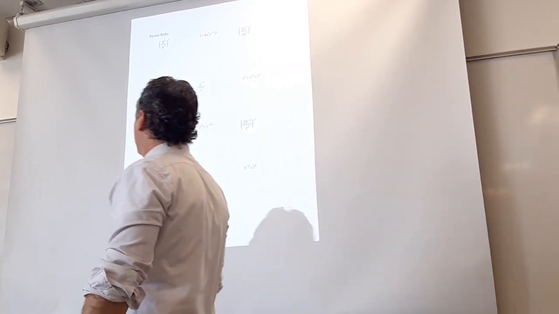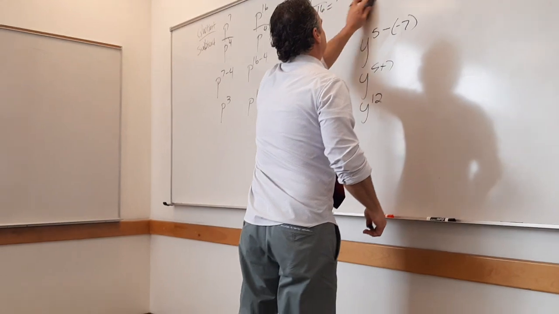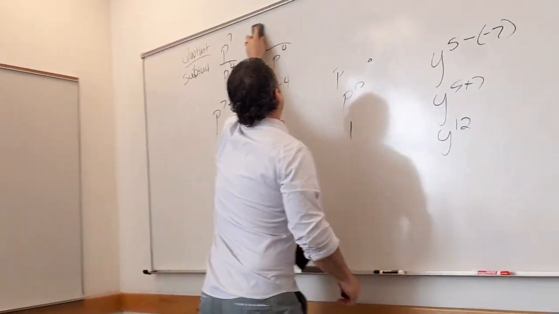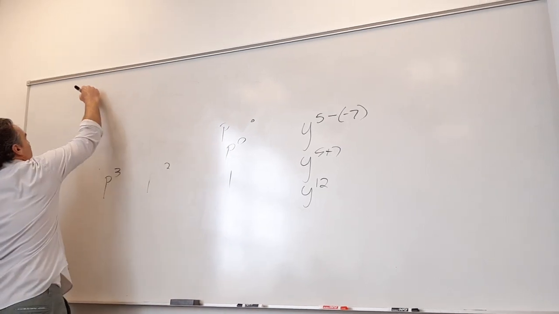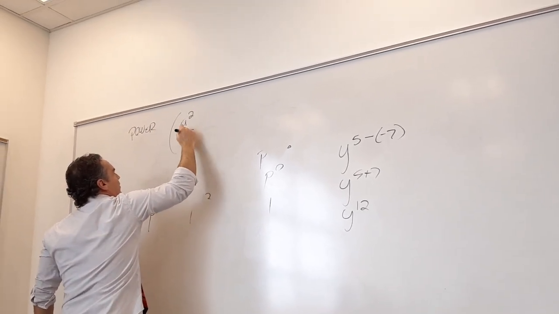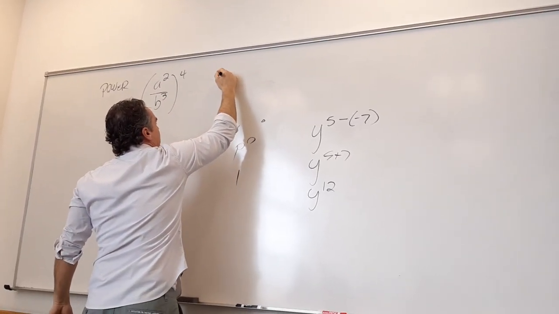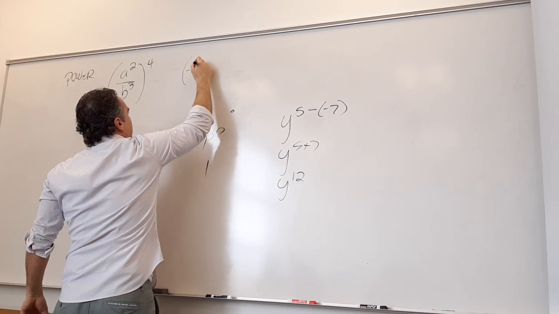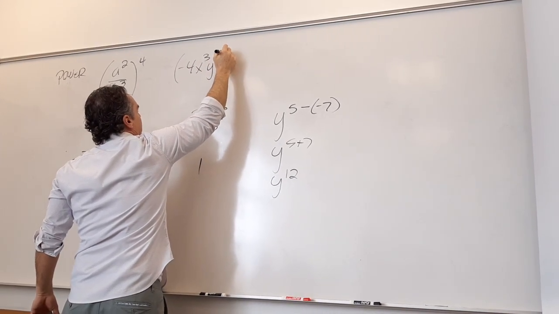Power rule. Give me the problems. Go. In parentheses, a to the second over b to the third, to the fourth power. And then in parentheses, negative 4x to the third, y to the negative second, to the second power.